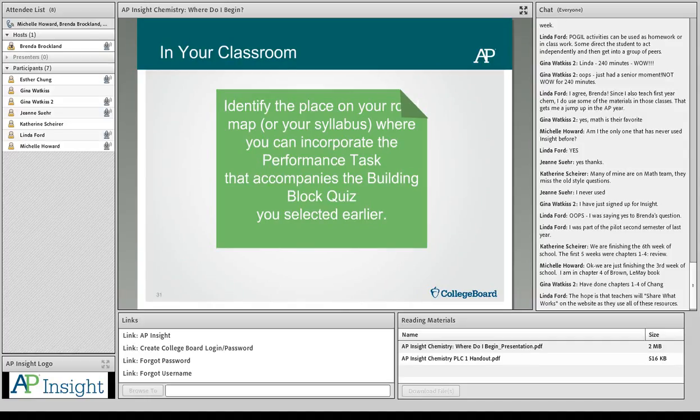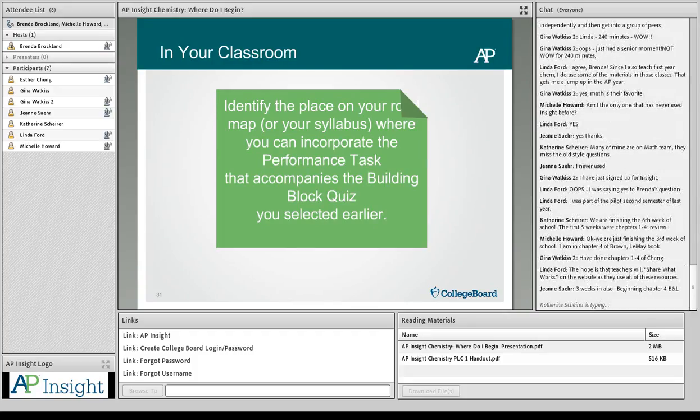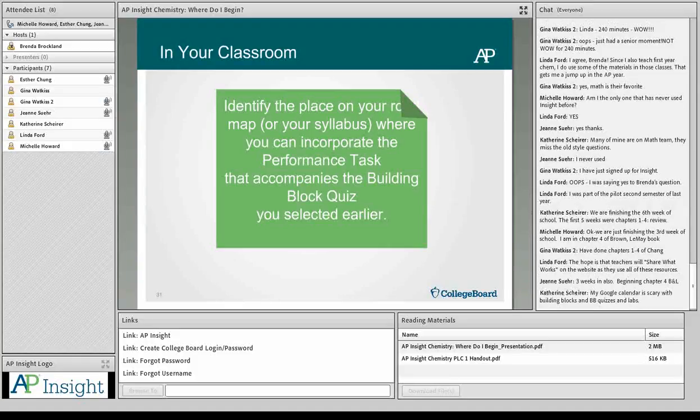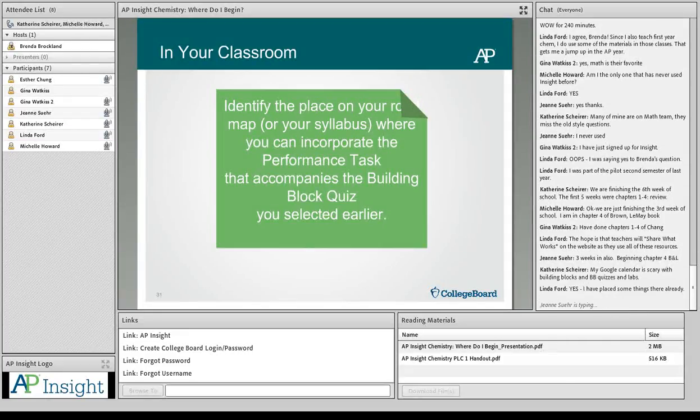Linda, I absolutely agree. And you seem like you've done so much with it. Are you sharing on Share What Works on the website? Okay, so Katie, you've already started lining up what you think you're going to use for the building blocks, the quizzes. That's great.